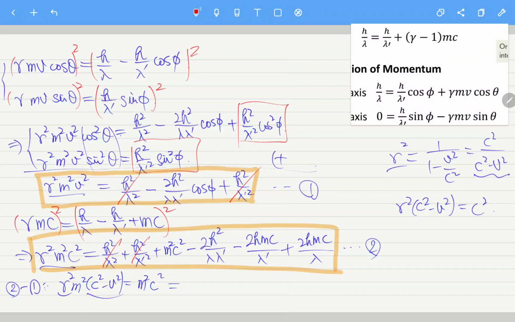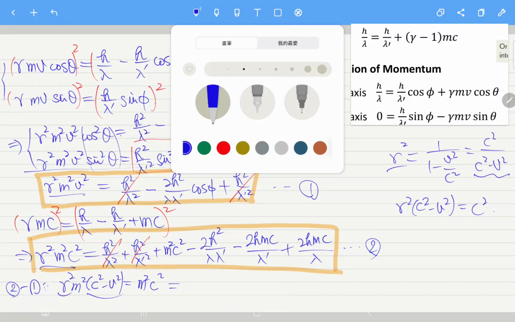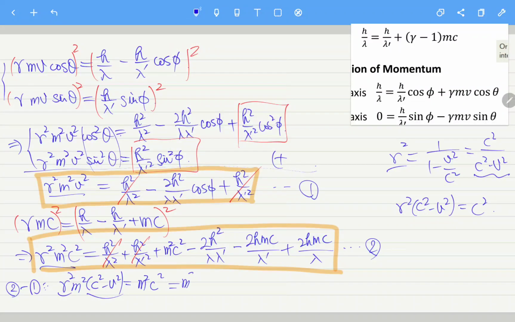Okay, so there are still remaining several terms. So the first one is m square c square. Okay, this is good. So these two terms can be cancelled later on. So this is the first one. And then we still have 1, 2, 3, 4. So yeah, let's see.